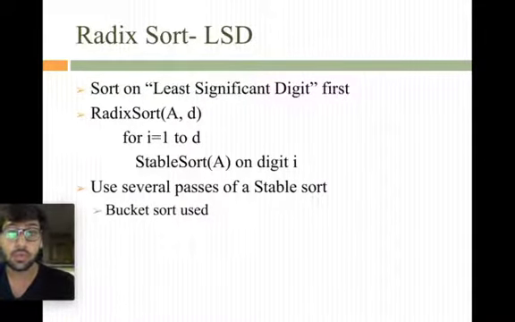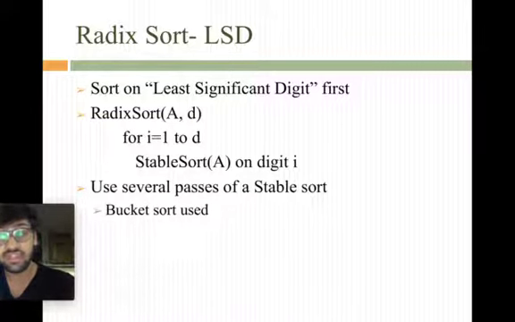Now, the second type of Radix sort is the least significant digit first sort. In this, we start from the right end and we start sorting. The simple algorithm can be done from the rightmost digit, and in each pass of the algorithm we sort according to the current digit, starting from the rightmost digit.